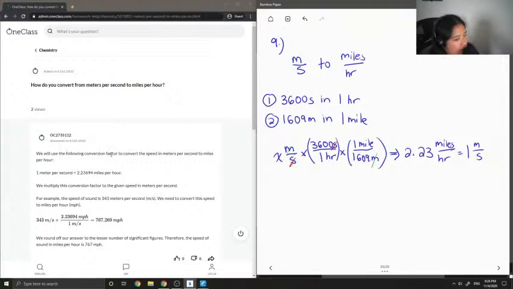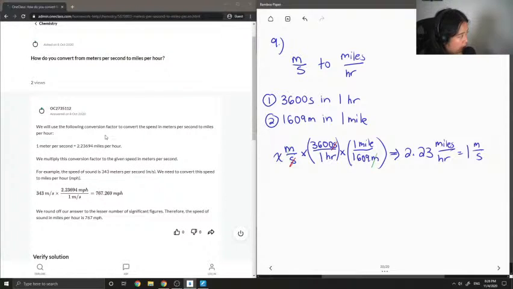Let's see what our junior tutor said. We will use the following conversion factor to convert the speed in meters per second to miles per hour. So 1 meter per second is equal to 2.23 miles per hour. We multiply this conversion factor by the given speed in meters per second. For example, the speed of sound is 343 meters per second, and we need to convert this speed to miles per hour.